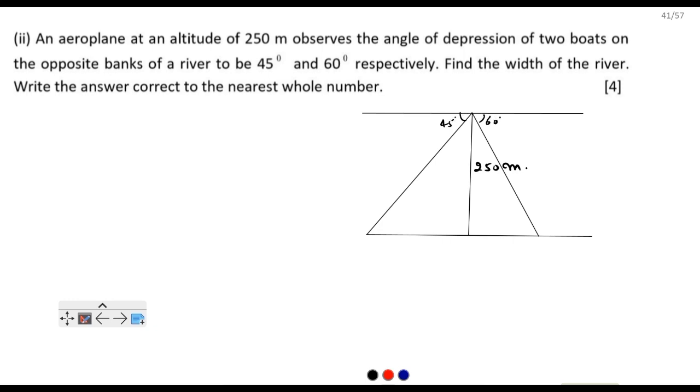Find the width of the river. Write your answer correct to the nearest whole number. Suppose this is aeroplane, this is first boat and this is second boat. Suppose this is x and this is y, then we have to find BC, means x plus y. If this angle is 45, then this is also 45, this is 60, then this is also 60.